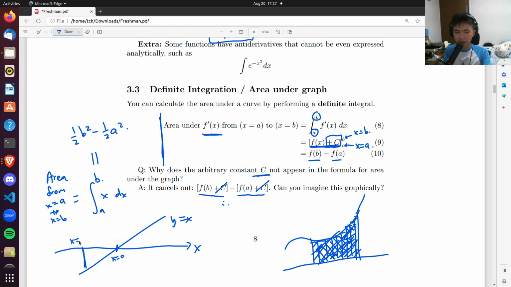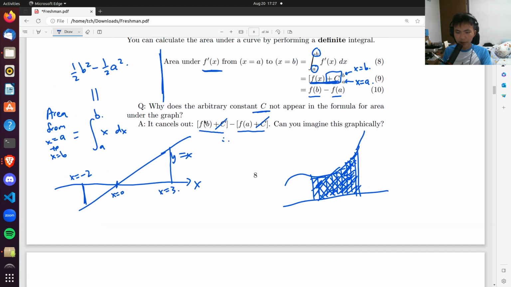So if x is a negative number, let's say x is minus 2, and I integrate to, let's say, x equals 3, then if I substitute in b equals 3 and a equals minus 2, you see that the answer will be half 3 squared minus half negative 2 squared, which is equal to 4. But this area looks quite big.